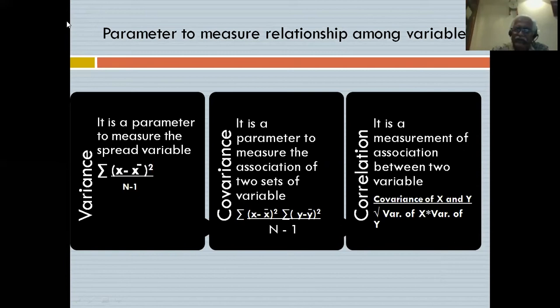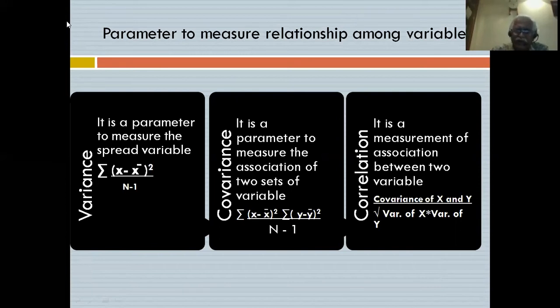So that is the covariance. Now, for measuring association between two variables, another parameter is the correlation. It is the covariance of x and y divided by the variance of x and the variance of y, within the root. So here you see that in covariance, we have milligram per liter.